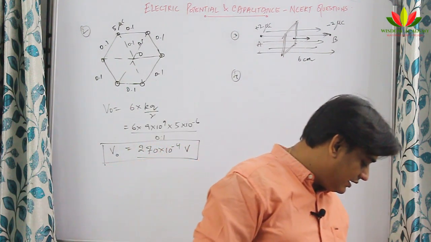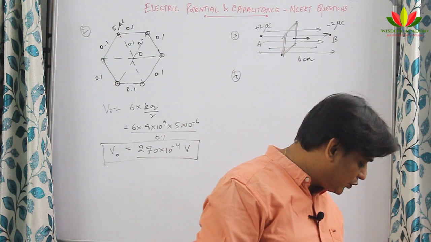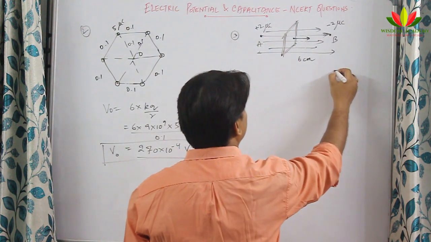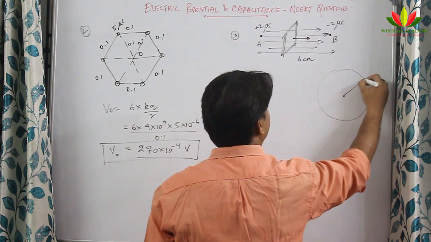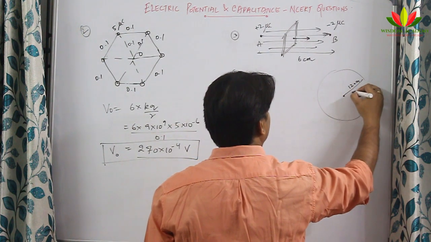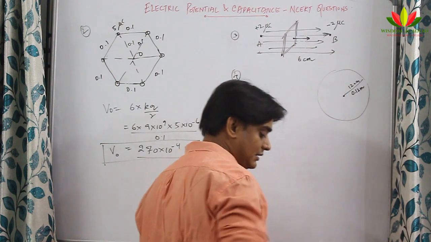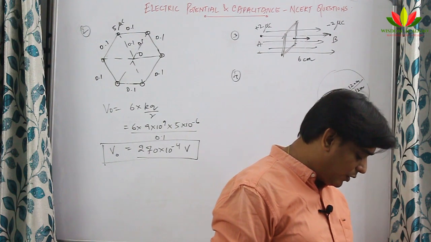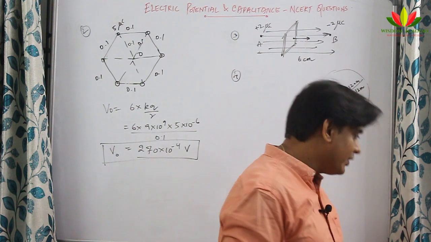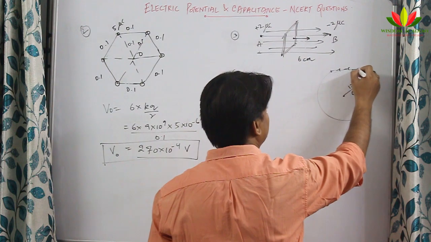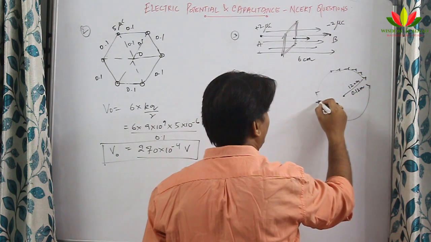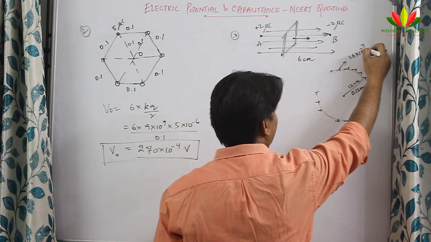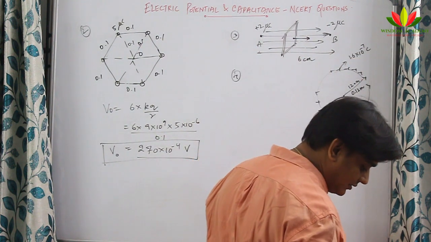So in this question they have given a spherical conductor which has a radius of 12 centimeter, that is 0.12 meter, and it has a charge of 1.6 into 10 to the power minus 7 coulomb distributed all over its surface.